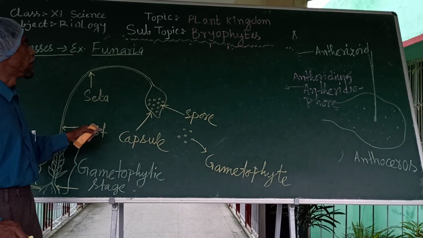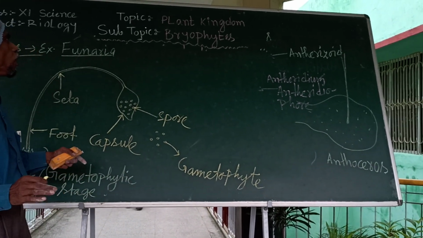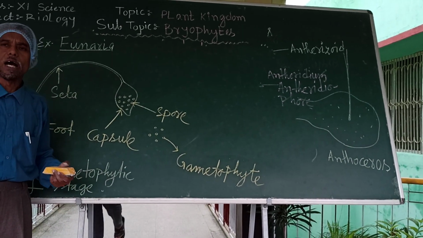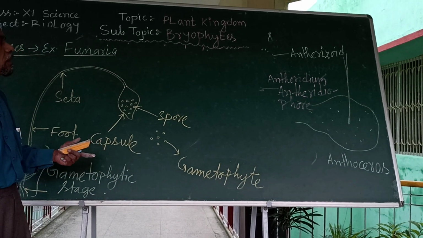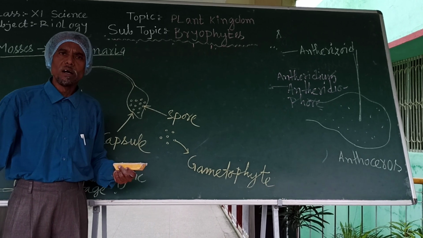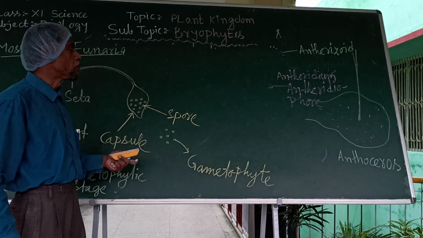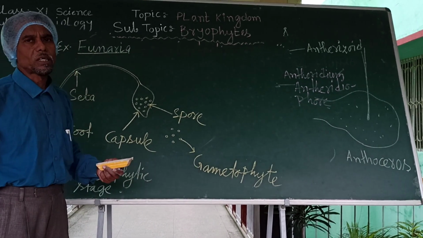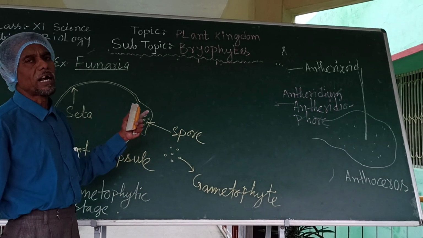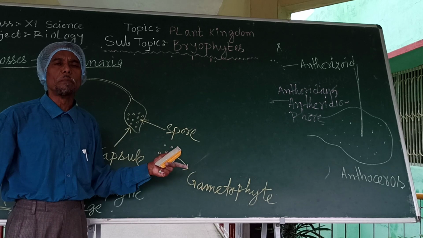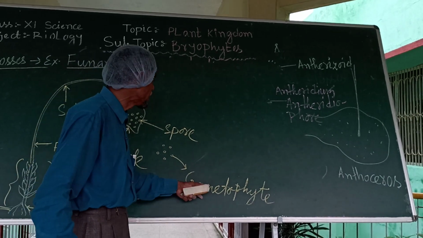So this is a brief account of bryophytes, where we have classified it into three main divisions, that is hornwort, liverwort and mosses, and the life cycle is completed in the gametophytic stage and sporophytic stage, where the predominant stage is the gametophytic stage.